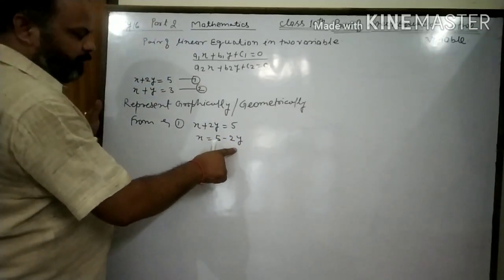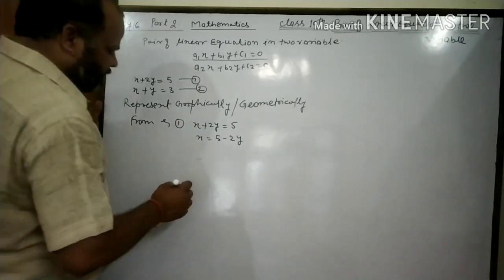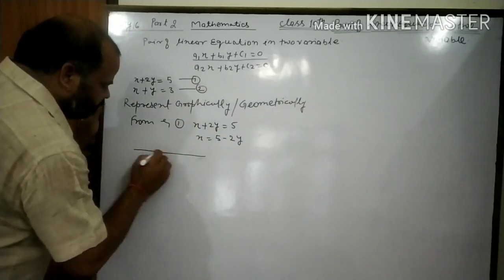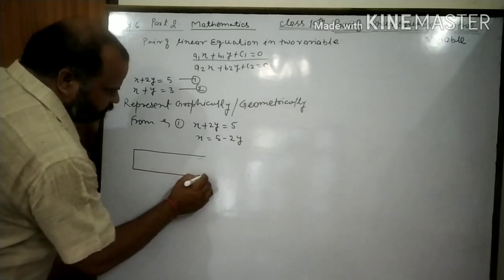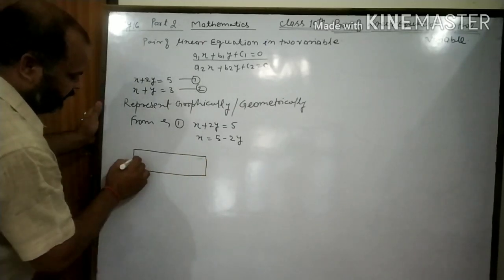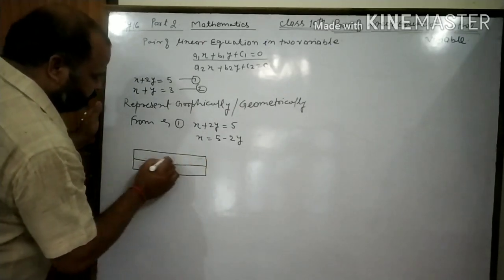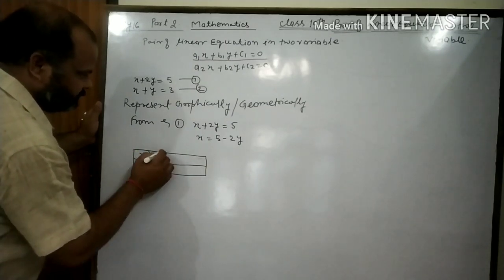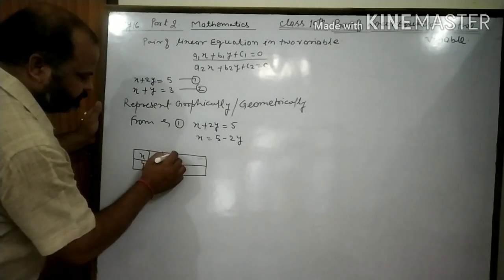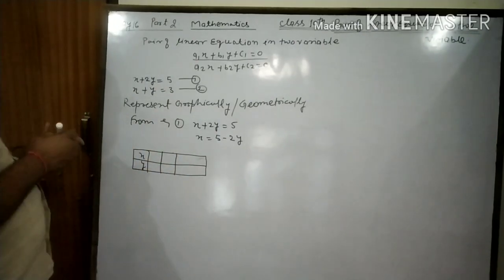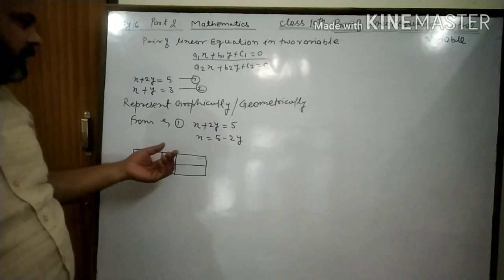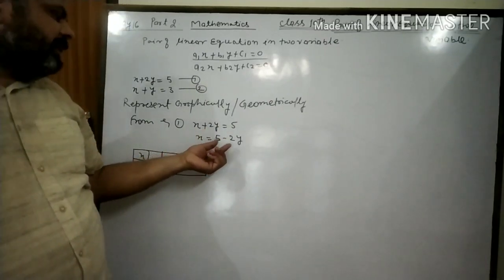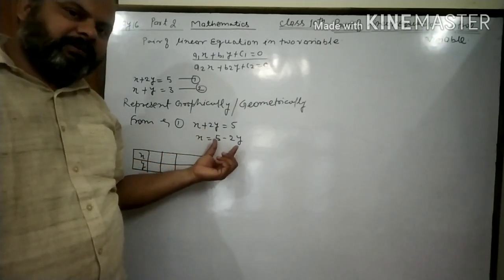Now in this we can put the value of y like this way. Here x and y, minimum you can put 3 values. Clear?